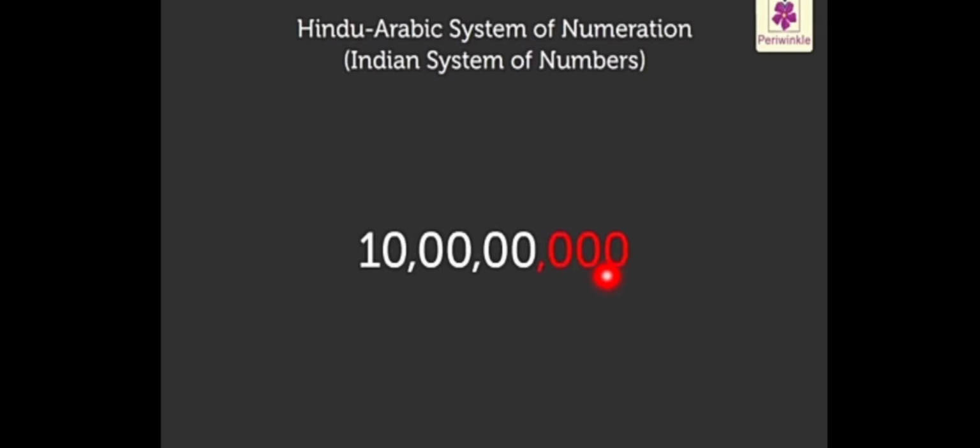Here ones, tens, hundreds, and after this period we put a comma. Now after every 2 digits, next is 1000, 10,000, and we put a comma. Then lakh, 10 lakh, and then we put a comma, and so on.